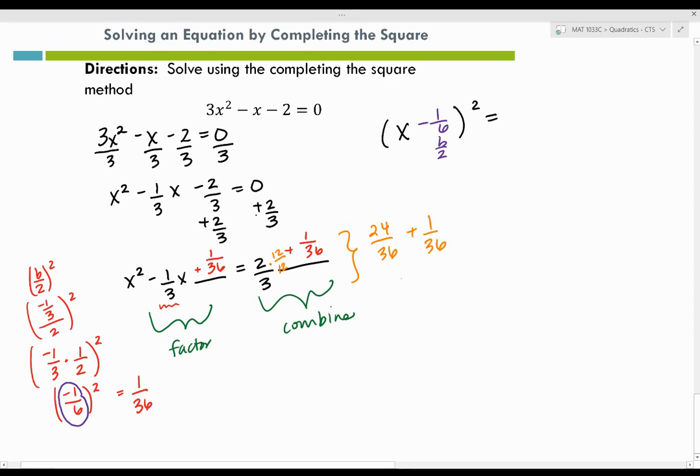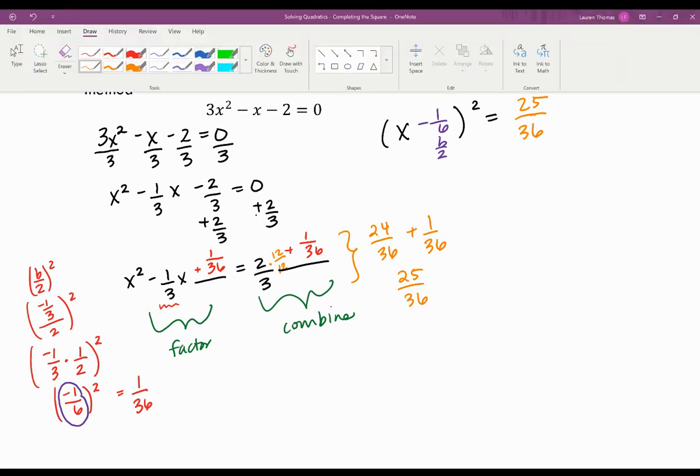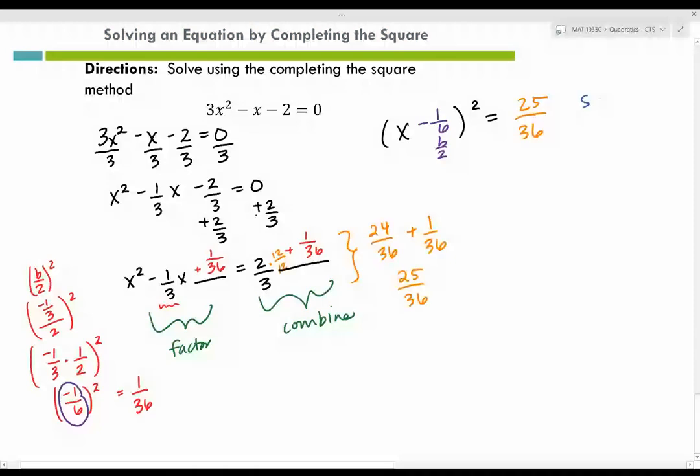And when I add those, that becomes 25 over 36. Okay, now it's set up for us to use the square root method. So I'm going to take the square root of both sides.